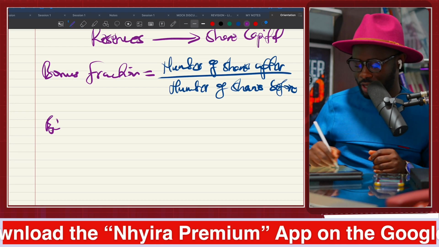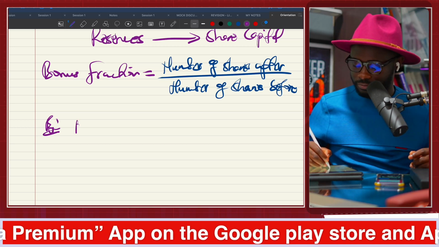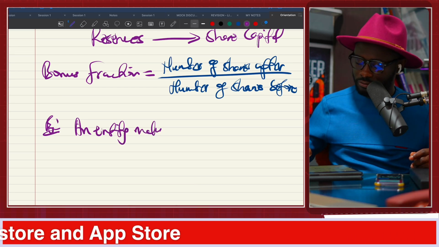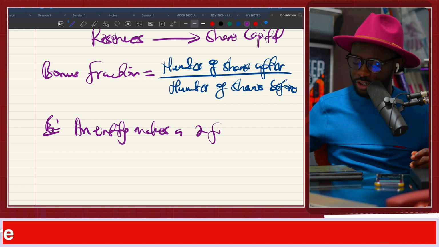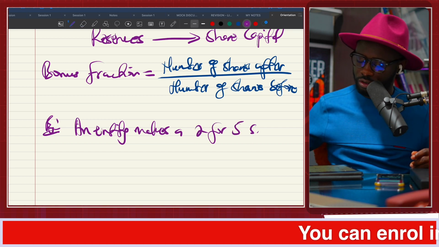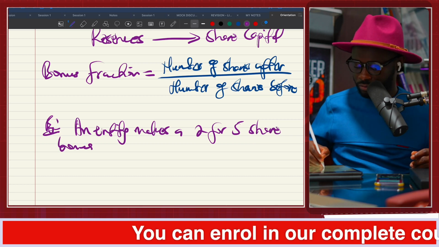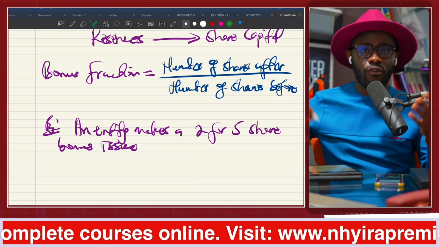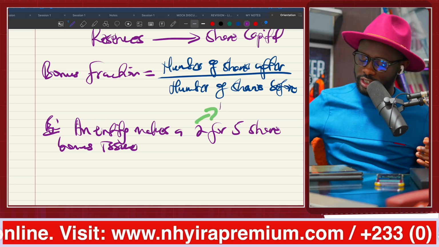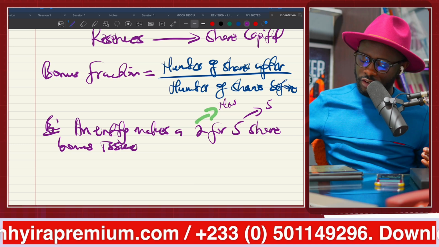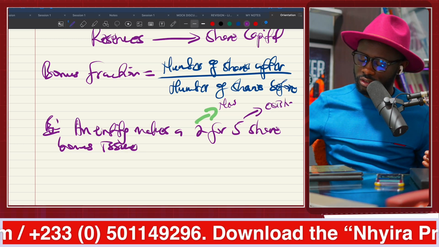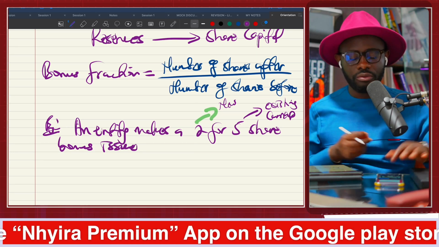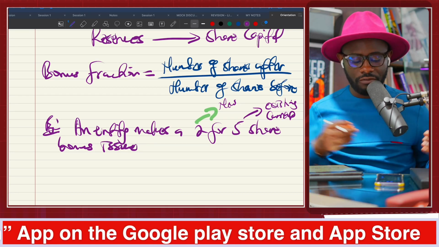Let's say that we are told that an entity makes a 2 for 5 shares bonus issue. What does that mean? Like I told you, under the retained earnings, 2 for 5 means we give you 2 new shares for every 5 that you are having now, existing or current. Does that make sense? So 2 for 5 means that we give you 2 new shares for every 5 that you are having in that case.